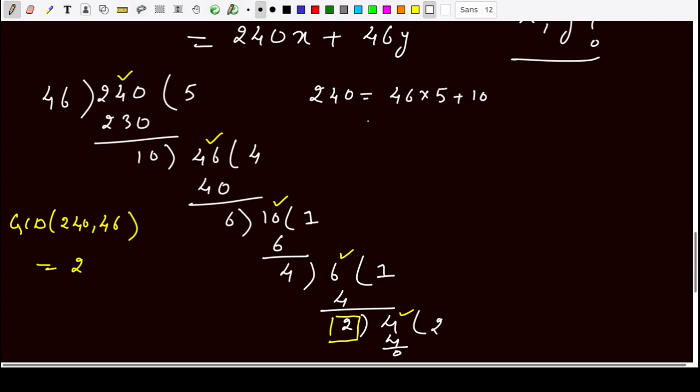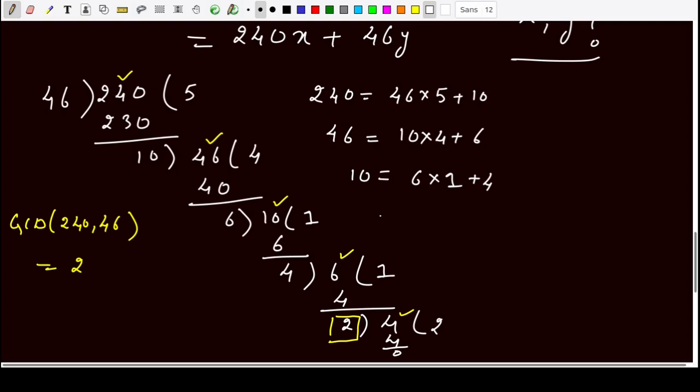This is also known as the division algorithm. 46 is 10 times 4 plus 6, and similarly 10 is 6 times 1 plus 4.